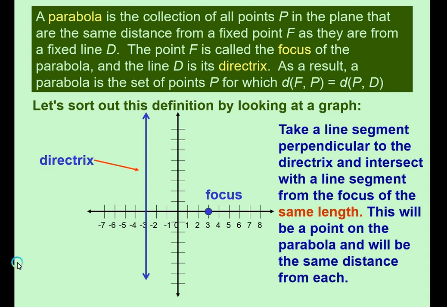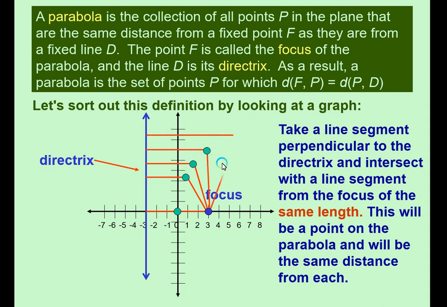Therefore, we have a line segment joining our directrix and our focus, and we have to locate the midpoint, or the center, of this line segment. This one is represented by this point. Same also if we locate a point which is equidistant from our directrix and our focus, we will find this point, and also this point.